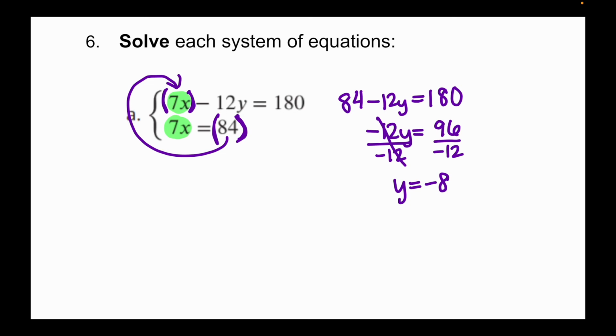Actually, let me check that for myself, the 96 divided by 12, because I feel like that's a weird number. No, it's 8.